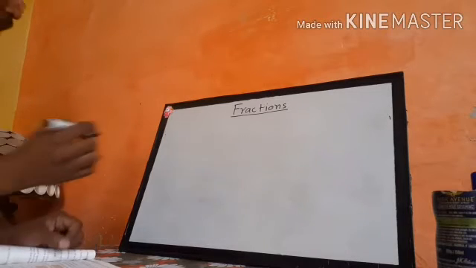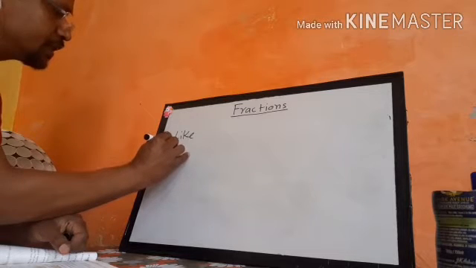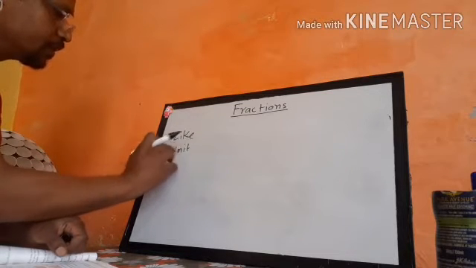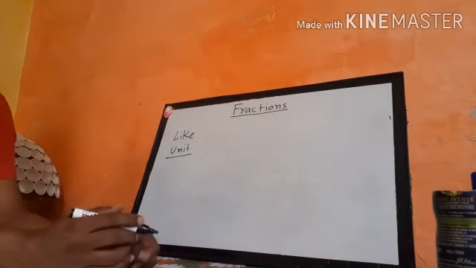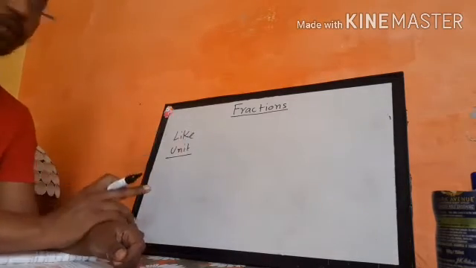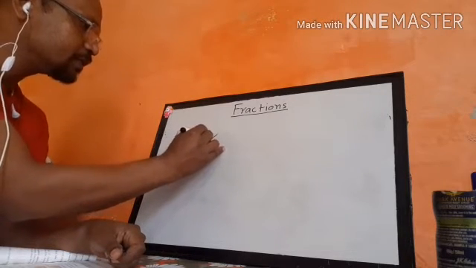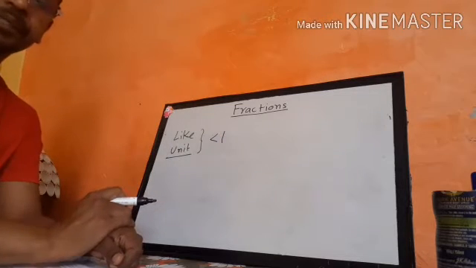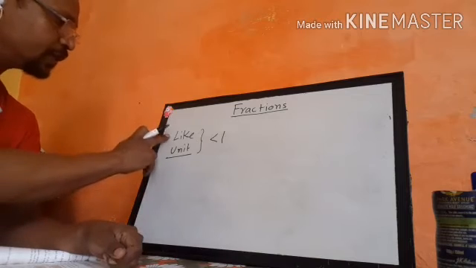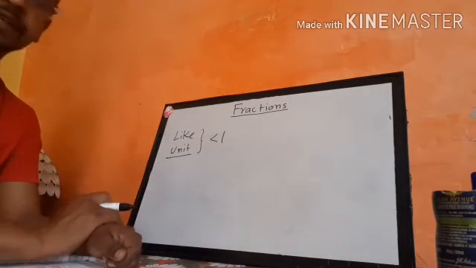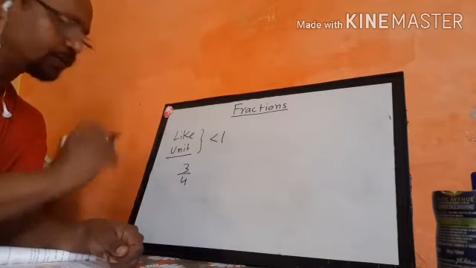First, we will talk about like fractions and unit fractions. Keep it in your mind, the decimal value of like and unit fractions is always smaller than 1. It means the decimal value or actual value of like fractions and unit fractions is always less than 1. How? Suppose I have 3 upon 4.